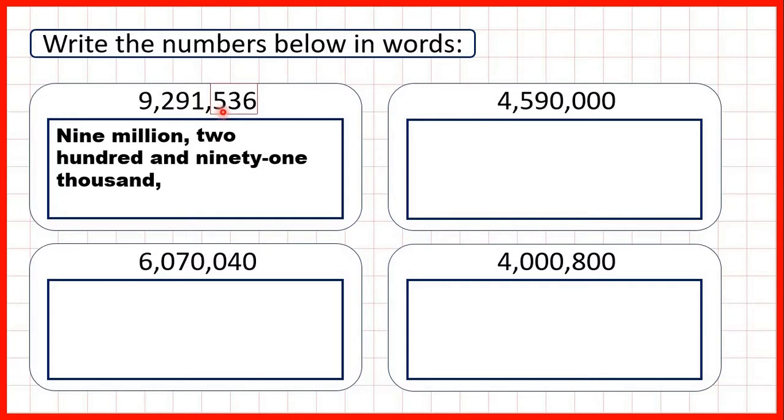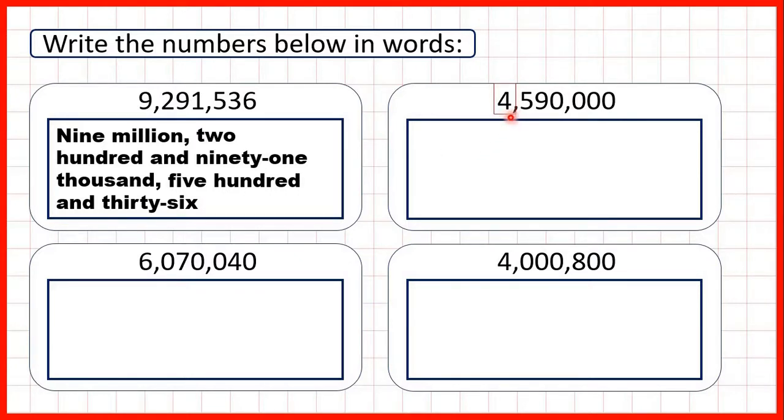So then we can just look at our last 3 digits. We have 536. So our number is 9,291,536.